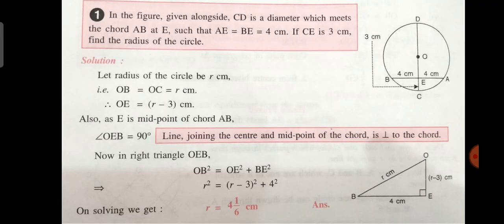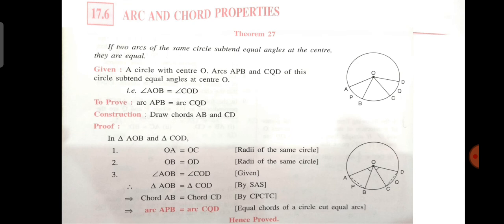And some problems have been given for you. Next is another theorem. This theorem is not so important: if two arcs of the same circle subtend equal angles at the center, they are equal.